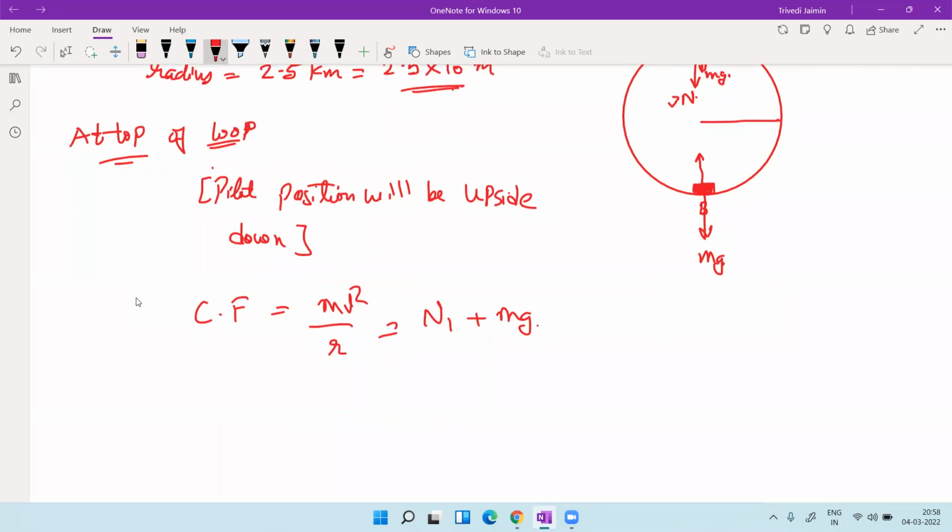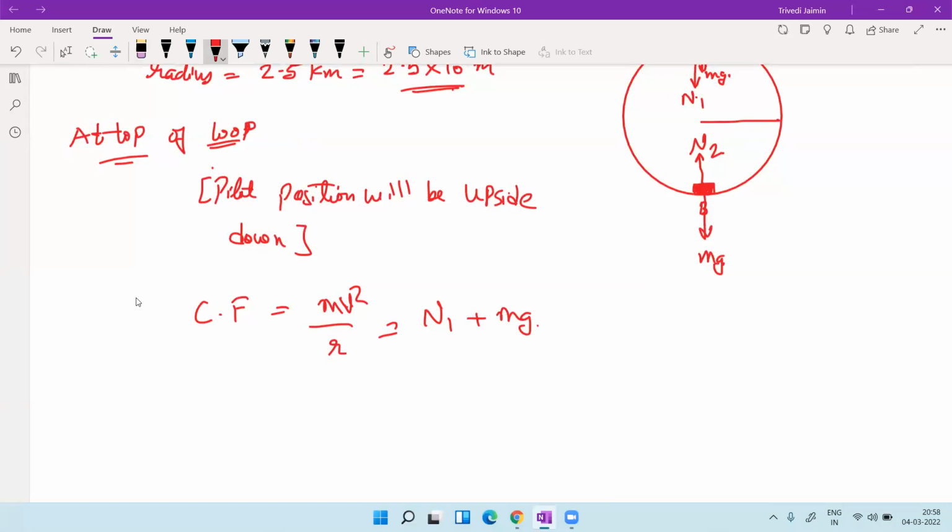We took here N1 and N2 because we have two normal forces.